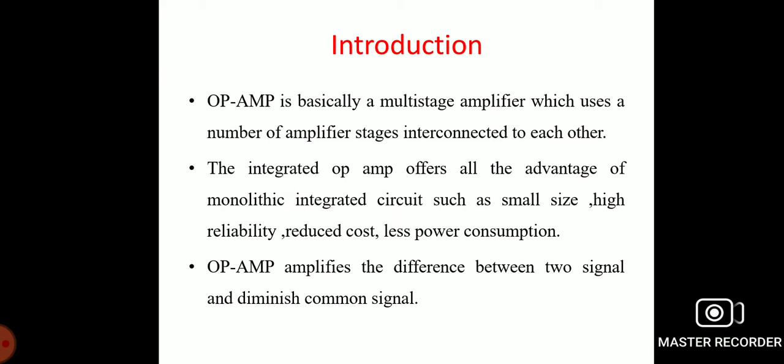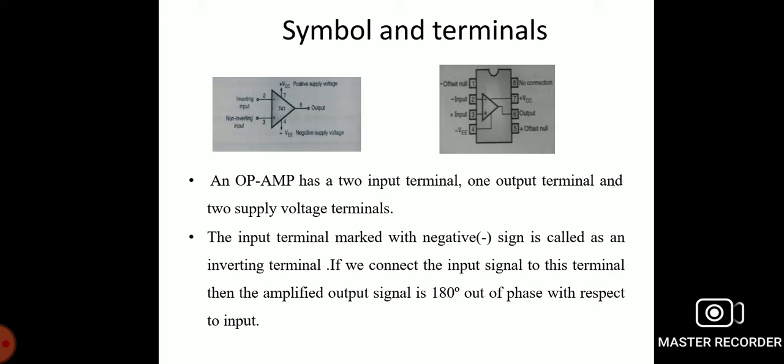Now we can move to the symbol and terminals. Now we can see the picture, pin configuration and the symbol of operational amplifier 741. An operational amplifier has two input terminals, one output terminal and two supply voltage terminals.